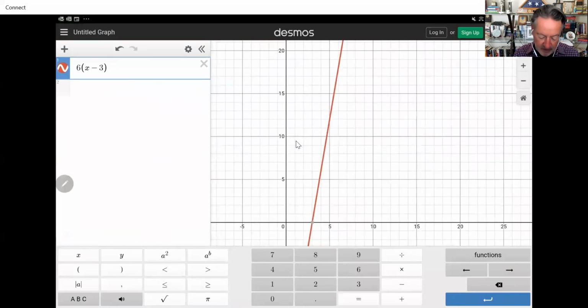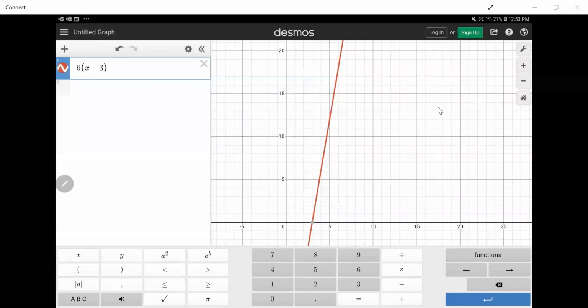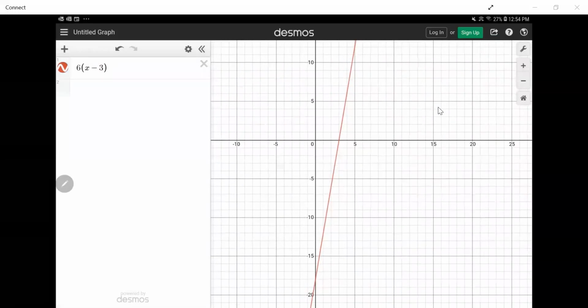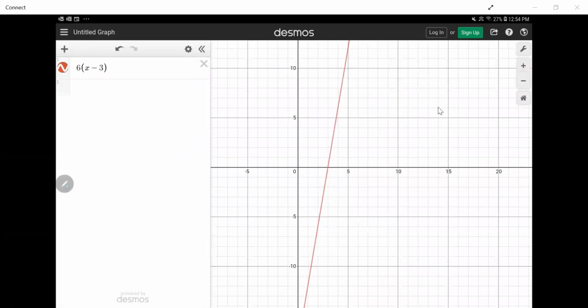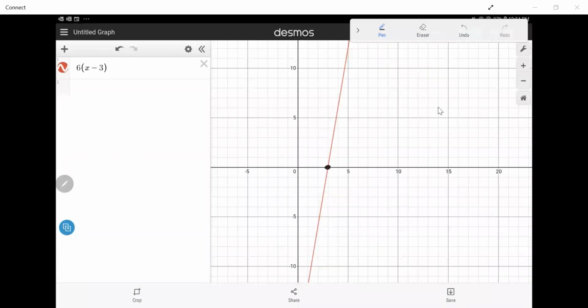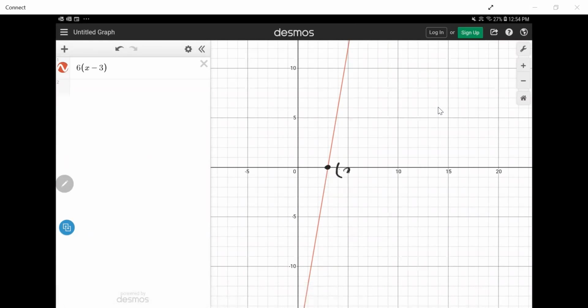Okay, so I have an inverse function graphed right here. The function is 6x minus 3. If we look at a couple of points on here, I'll move this up more to the middle. I notice it has a point right here, which is 1, 2, 3, so that point is 3, 0.